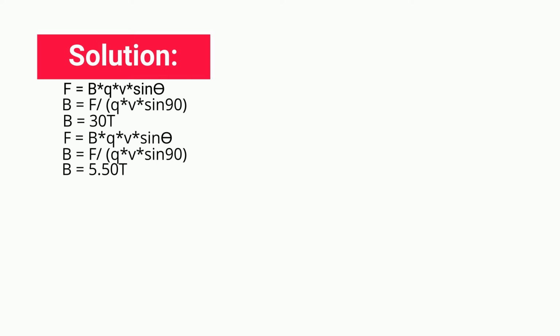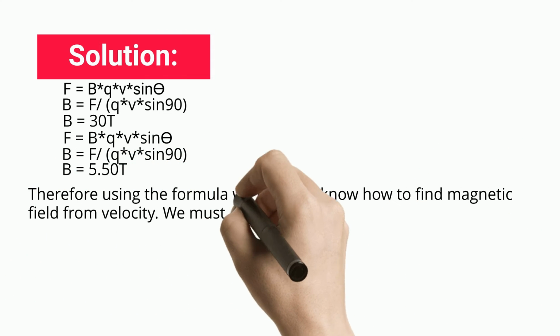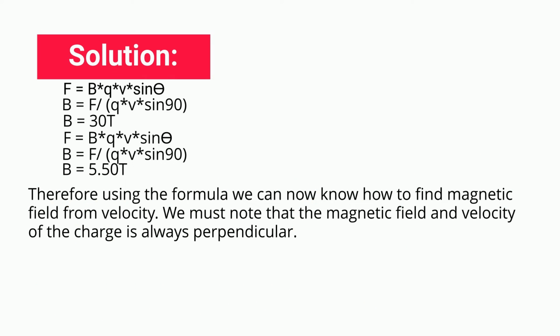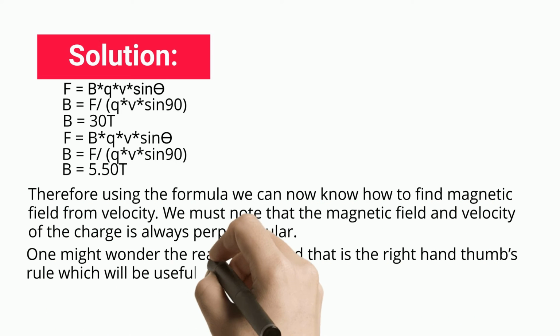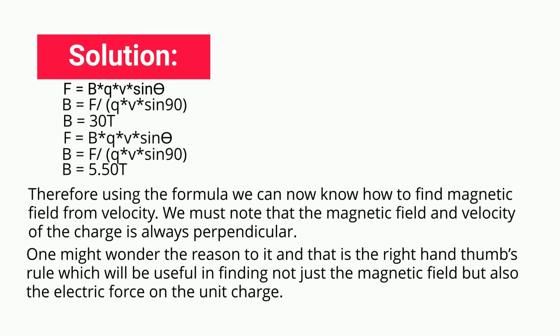B equals 5.50 T. Therefore, using the formula we can now know how to find magnetic field from velocity. We must note that the magnetic field and velocity of the charge are always perpendicular. One might wonder the reason for it, and that is the right-hand thumb rule, which will be useful in finding not just the magnetic field but also the electric force on the unit charge.